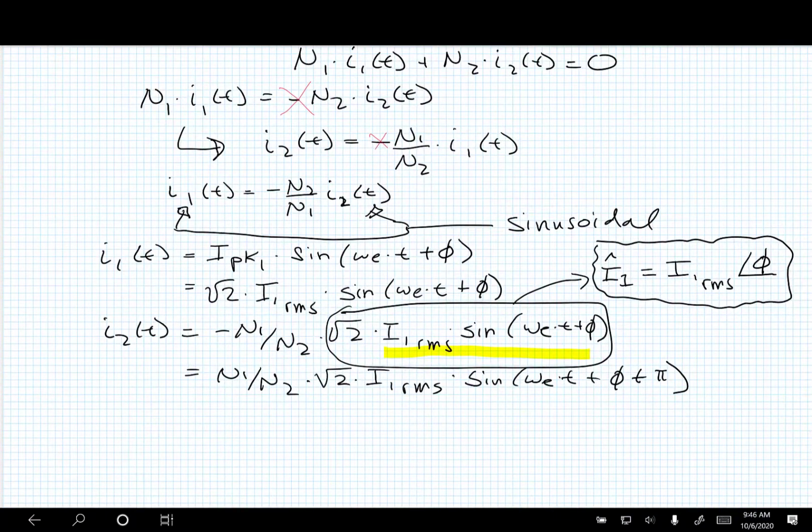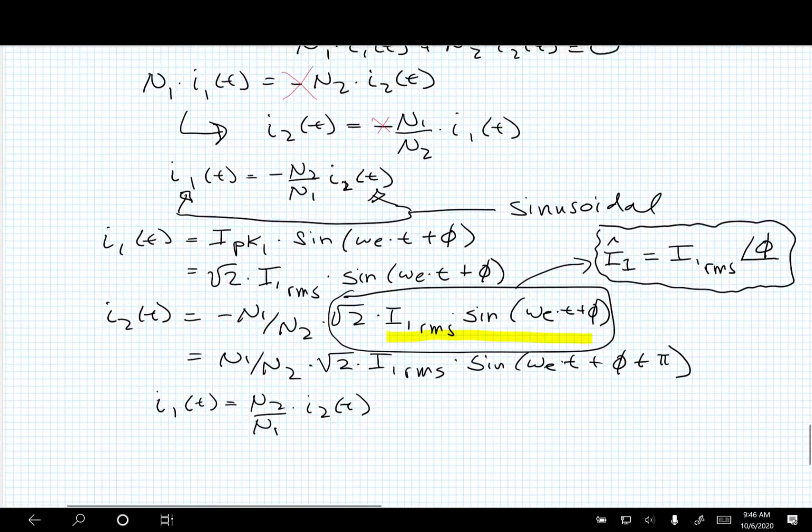So essentially, I can now say that I1(t) is equal to n2/n1 times I2(t).